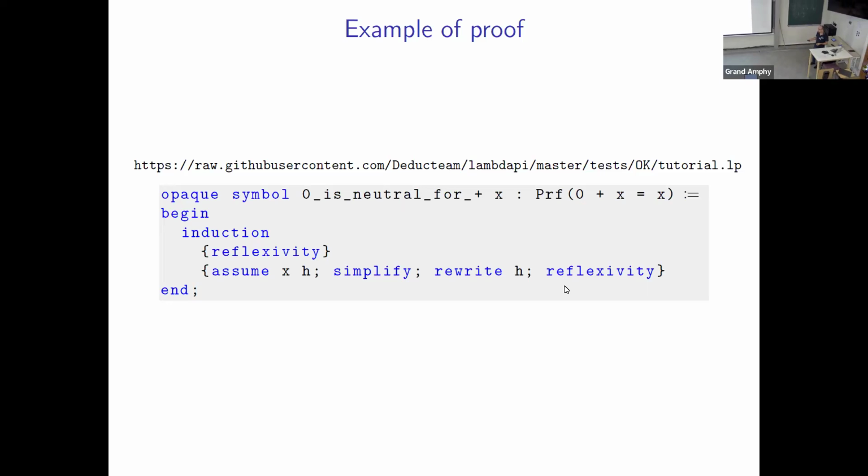And in the induction case, you have a little bit more work. You have to prove that if it's true for x, it's true for x plus 1. So you assume the induction hypothesis, you apply it, and then you are finished. So it looks like this.